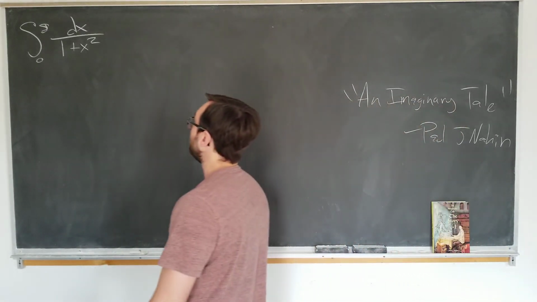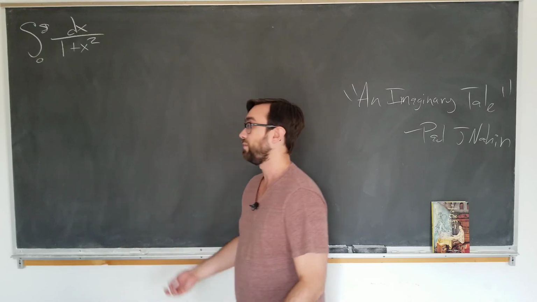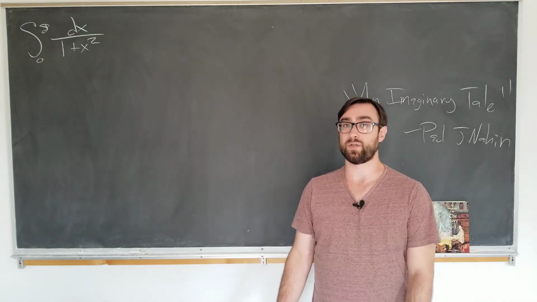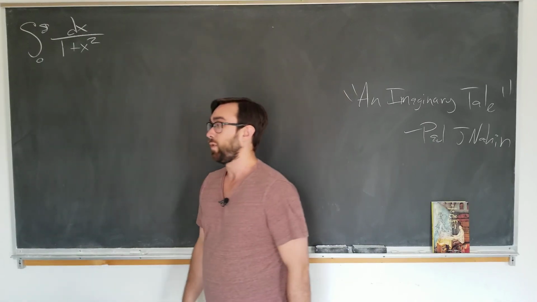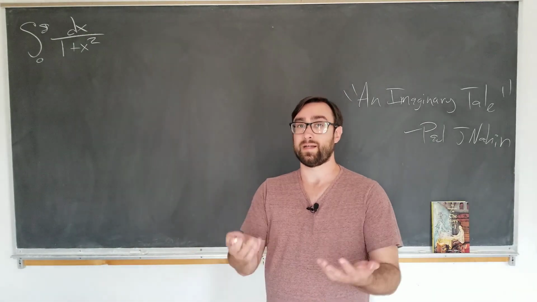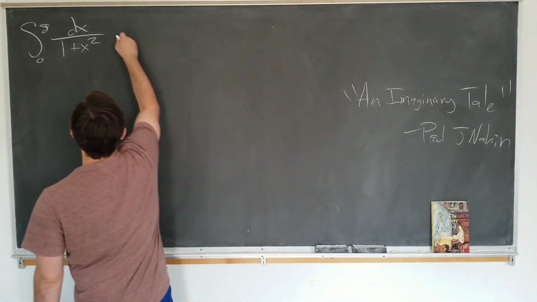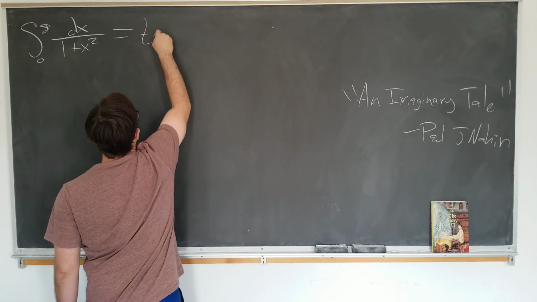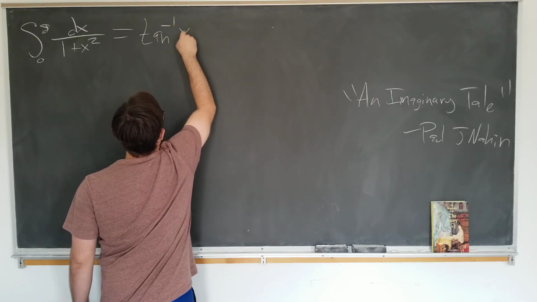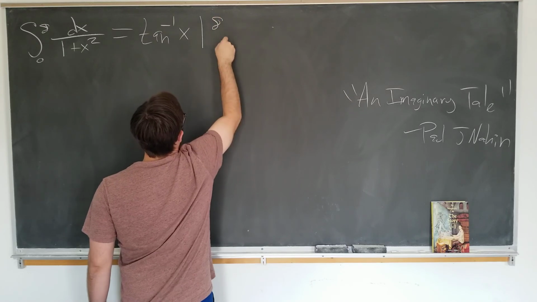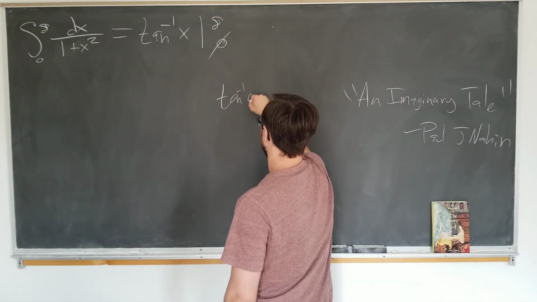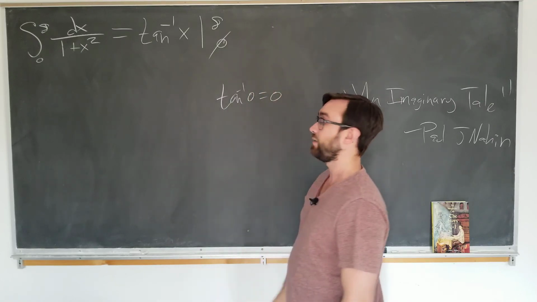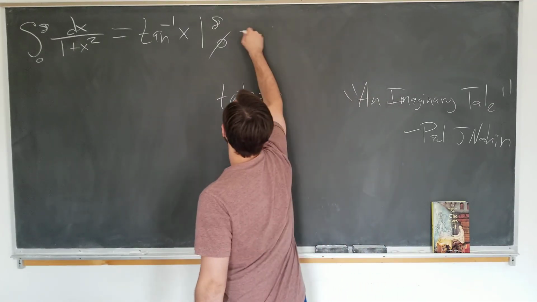First step, if you saw this integral, was to immediately recognize it as the antiderivative of the arctangent function. So which is the arctangent of x evaluated at infinity and 0. Of course, inverse tangent of 0 is 0, so that bottom limit goes away.